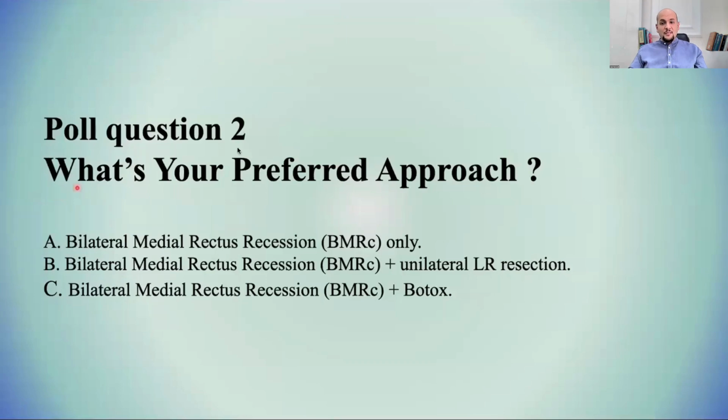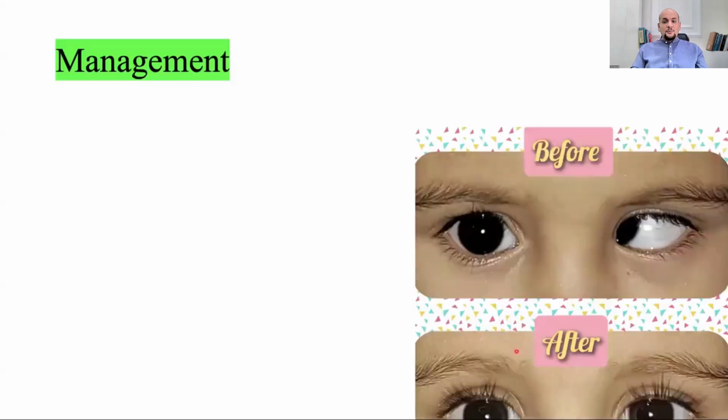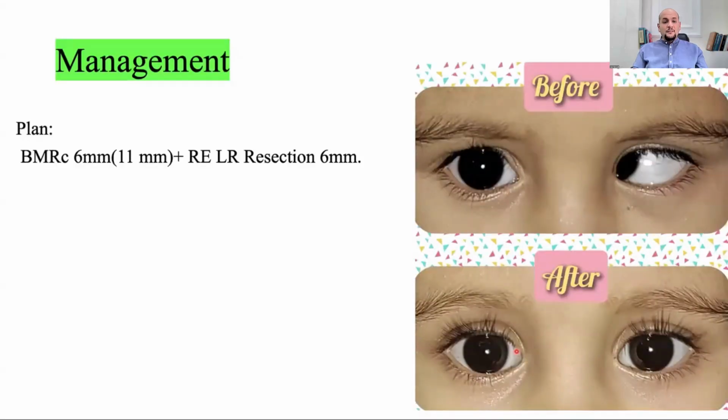Okay, so 60% said bilateral medial rectus recession with unilateral LR resection, and that is what I have done. So bilateral medial rectus recession of 6 millimeters with right eye lateral rectus resection of 6 millimeters.